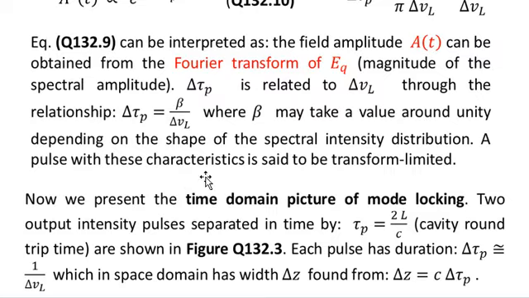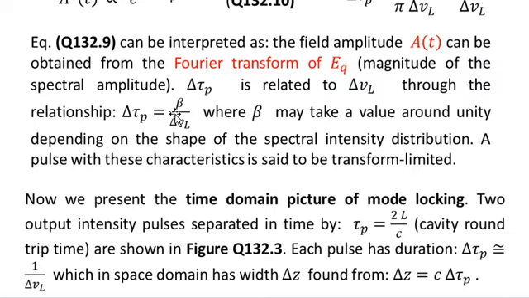A pulse with these characteristics is said to be transform limited, because you see that it involves the Fourier transform, and this spectral intensity distribution will be limited by the transform.